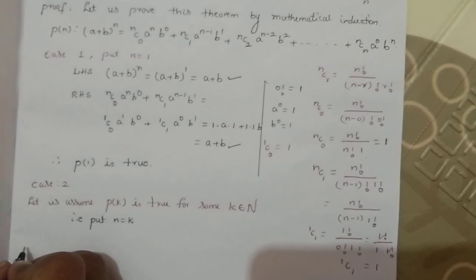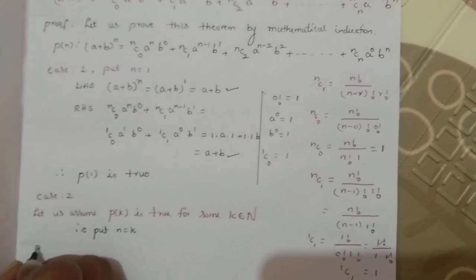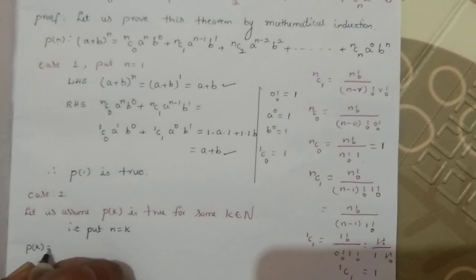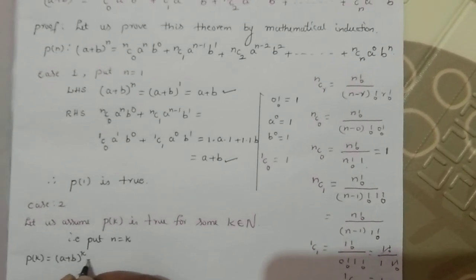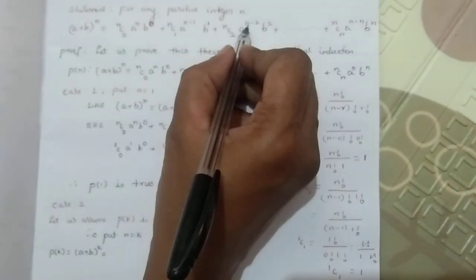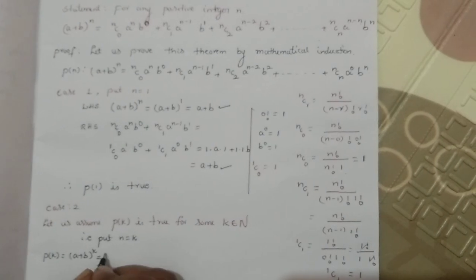So if you put n equals k, then the statement P(k) is (a + b)^k equals, in the complete statement, wherever n is there, everywhere we are going to put k.